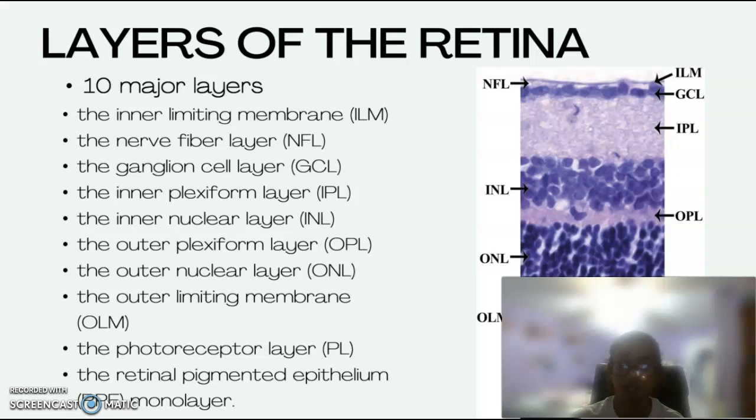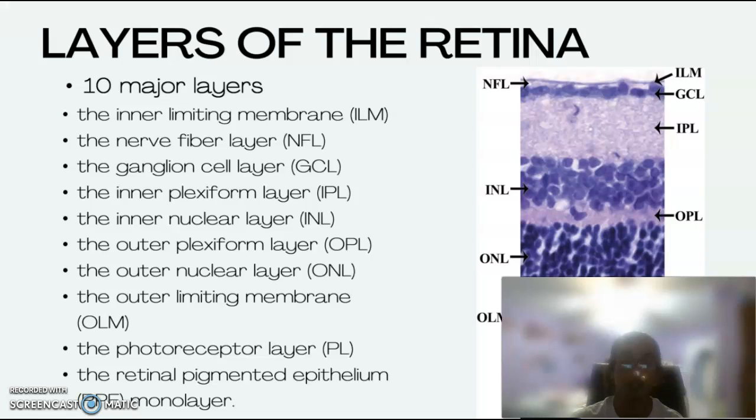The seventh layer, the outer nuclear layer, contains nuclei from photoreceptor cells. The eighth layer, the outer limiting membrane, is created by junctional complexes between adjacent Mueller cells as well as between Mueller and photoreceptor cells.